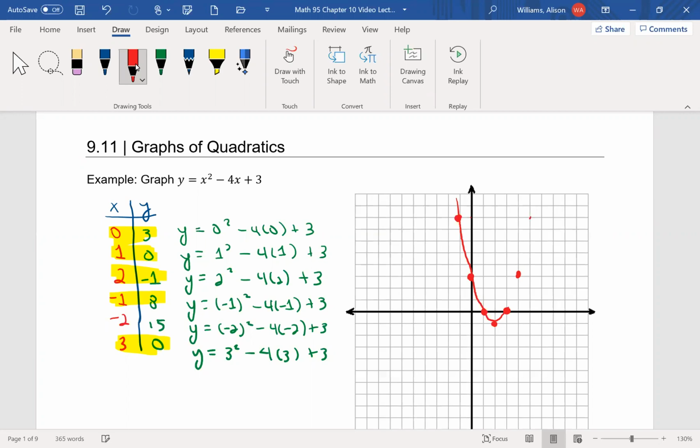So the idea is there's this symmetry going on here. And I like to put arrows on because it's going forever. This symmetry and the U shape is what we are going to be looking for when we are graphing these. So there's this symmetry across this point, that low point right there.